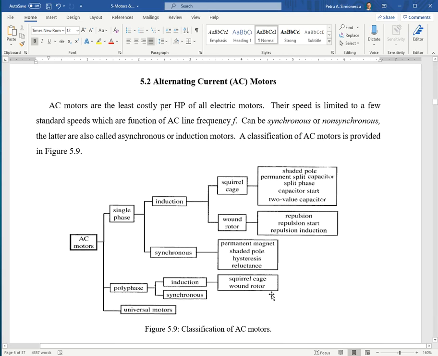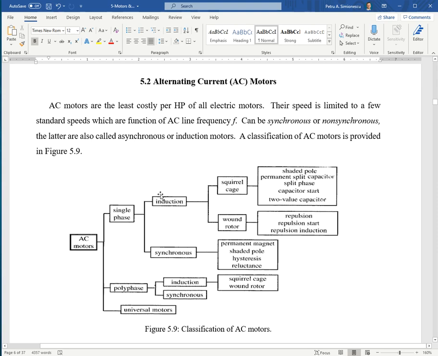AC motors are of several types. There's a classification diagram here in figure 9. You can have them single phase or polyphase. Most common are 3-phase motors, and they could be induction motors, the most common ones, and synchronous motors.